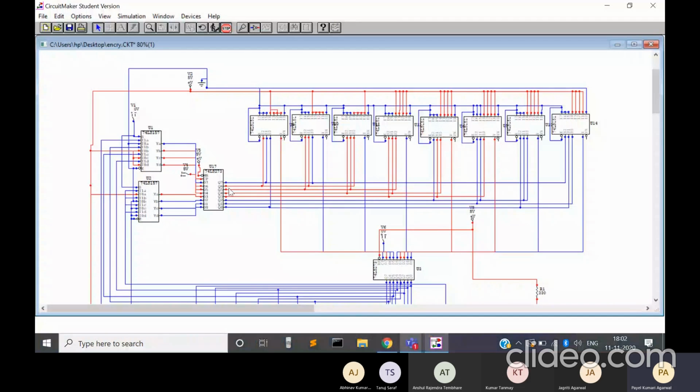Similarly, for Q6, which is currently at high state, its left neighbor is at high state and its right neighbor is at low state, which results in 110, that is decimal number 6, and I6 gets selected at the output, which is at low state. Similarly, this rule 30 occurs for the other 6 bits as well. Finally, we see that here the key is being fed at the input of the next register.